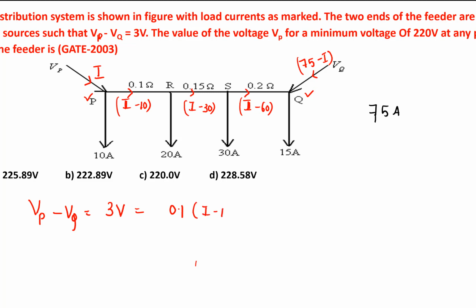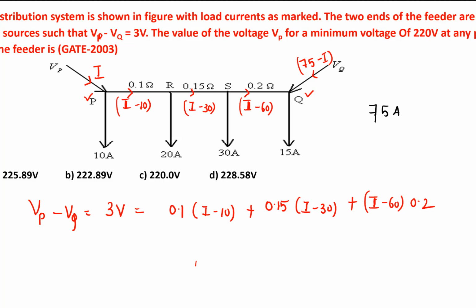I minus 10. Similarly, the voltage drop of the branch RS is 0.15 into I minus 30. Similarly, S and Q is I minus 60 into 0.2. This should be equal to 3 volt.